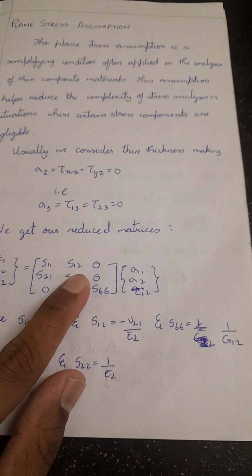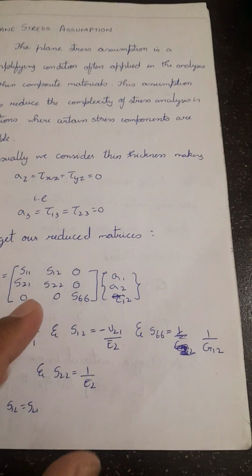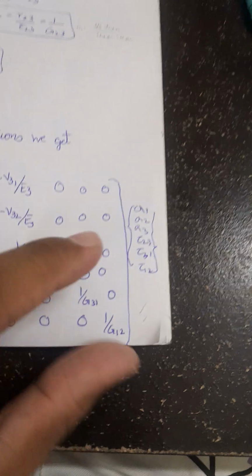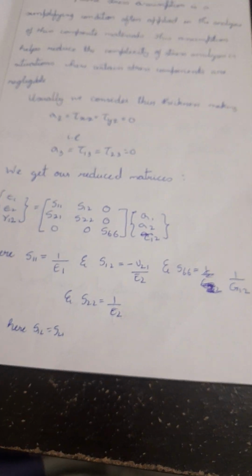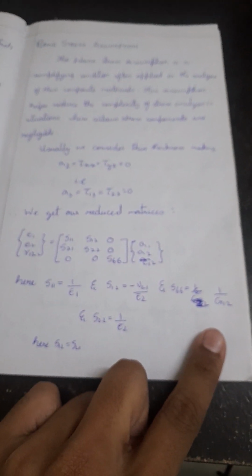And S12 as minus V21 by E2, the same as what we have here. The third term will go 0, and S66 as 1 by G12, right? So we develop a relation, and these are the relations you can see here.